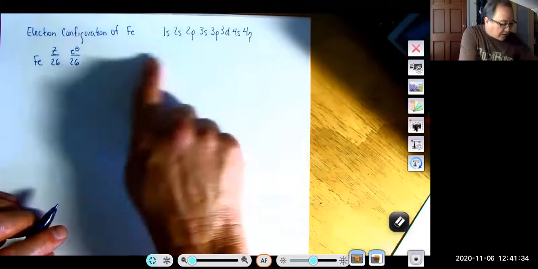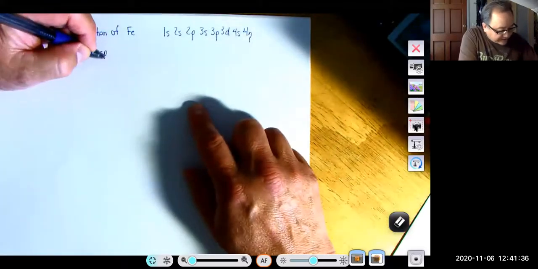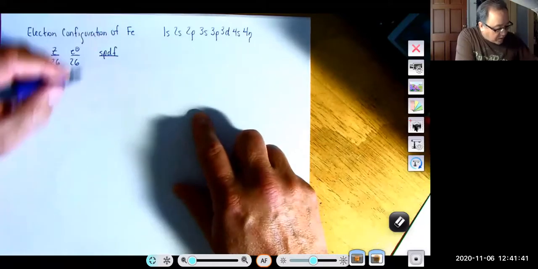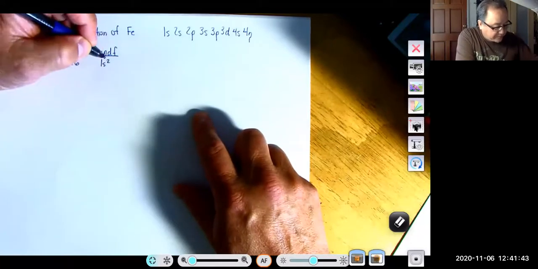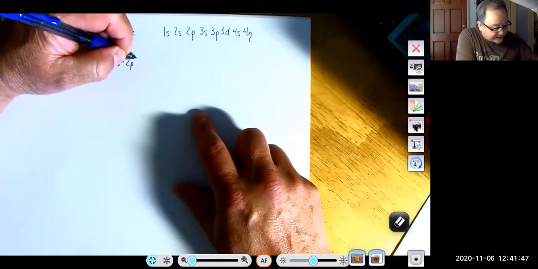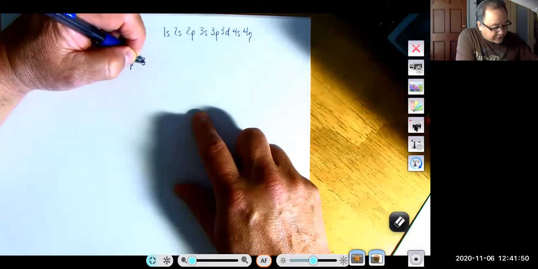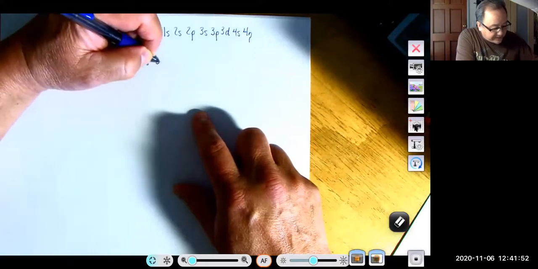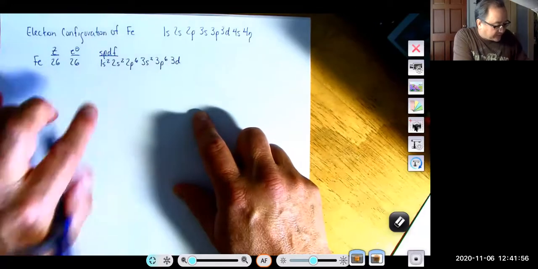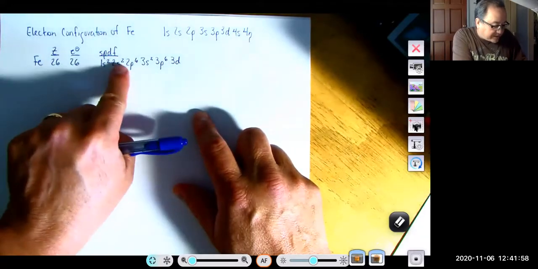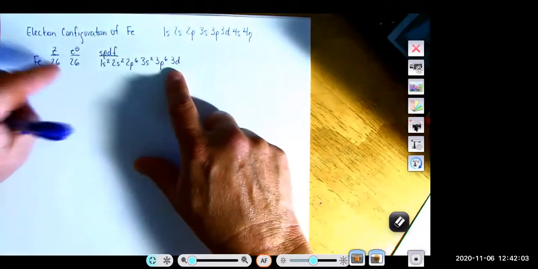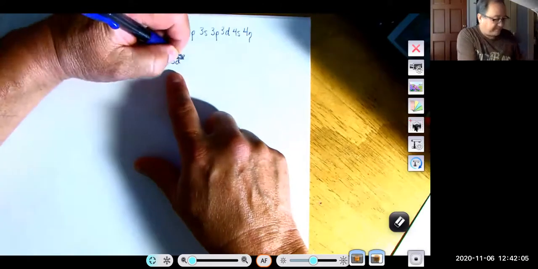So if we follow this method of stability, this is what we get. 1s2, 2s2, 2p6, 3s2, 3p6, 3d, and let's see. So far, we've got 2, 4, 10, 12, 18. So we need 8 more. So we get 3d8.